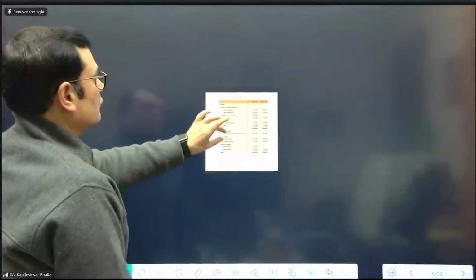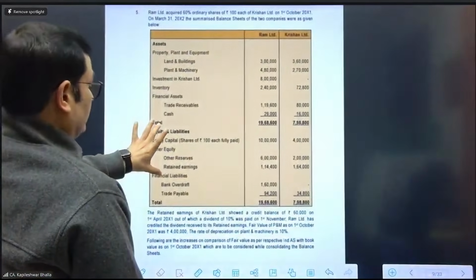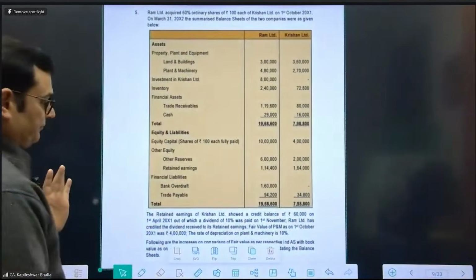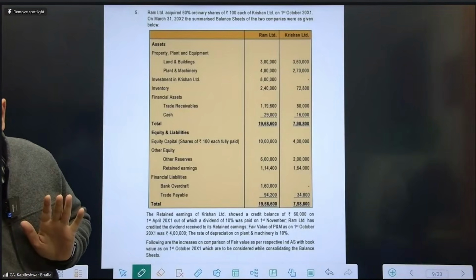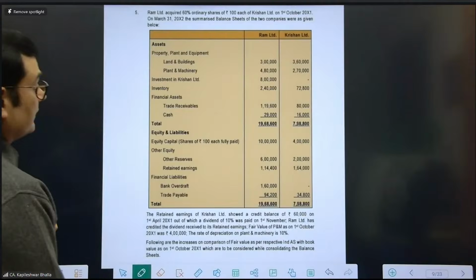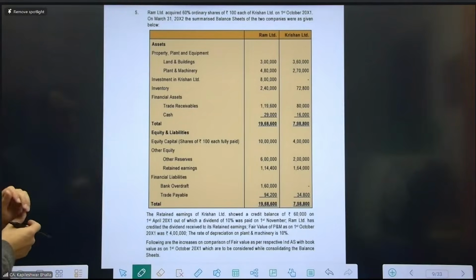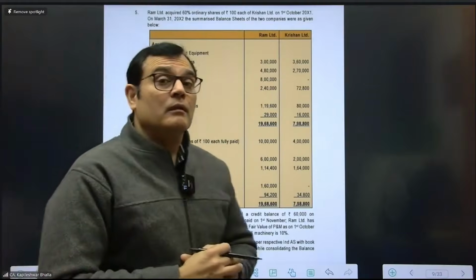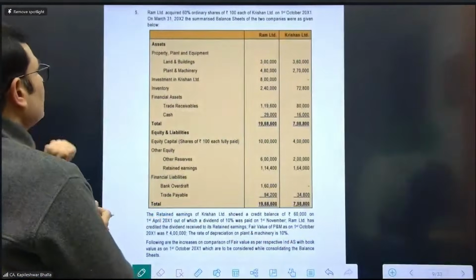Let me zoom this across. Let me know, friends, if this is visible to you. I hope that's visible. It's a question which is in the study material. Now let's read. It is quite similar to the one which we did, except that there is an NCI. We will do a little more complicated question, which is a recent examination question also, which contains some better adjustments.